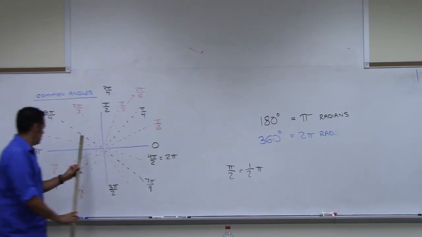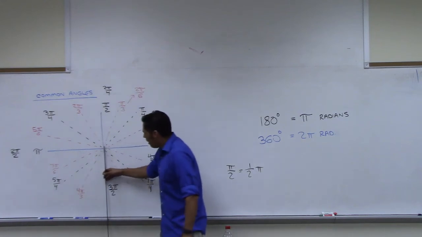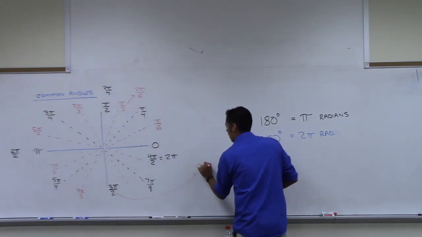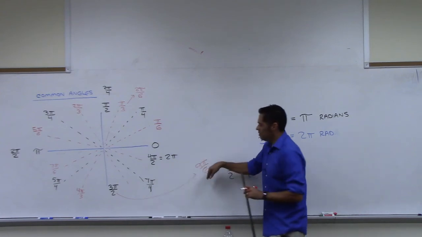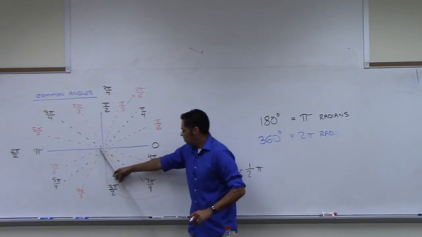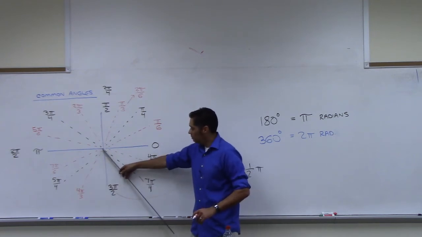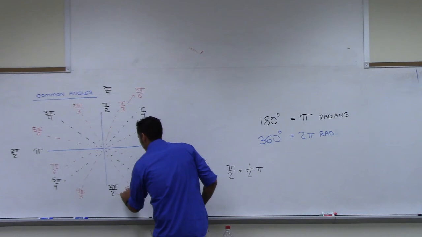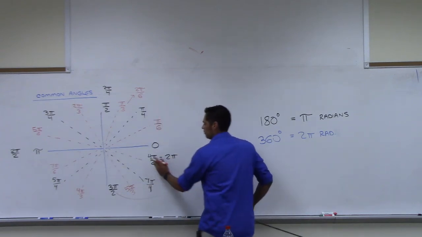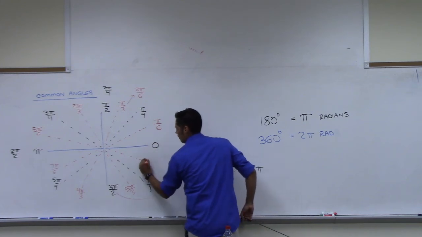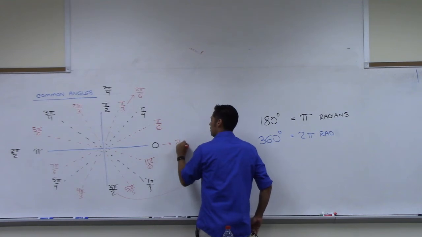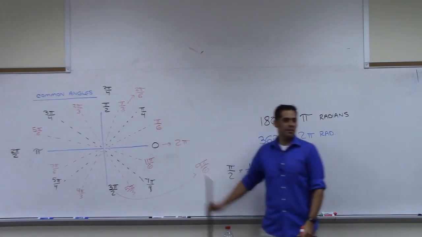Next one, we're at 9 pi over 6 right here. I'm just going to illustrate this. This is really 9 pi over 6 for us, and when you reduce that out, you get 3 pi over 2. Now, 10 pi over 6, 5 pi over 3. 11 pi over 6. And finally, we get to the last one, 12 pi over 6, which is 2 pi.